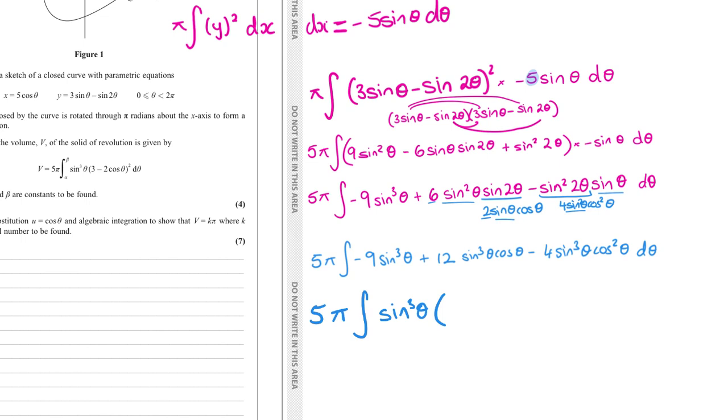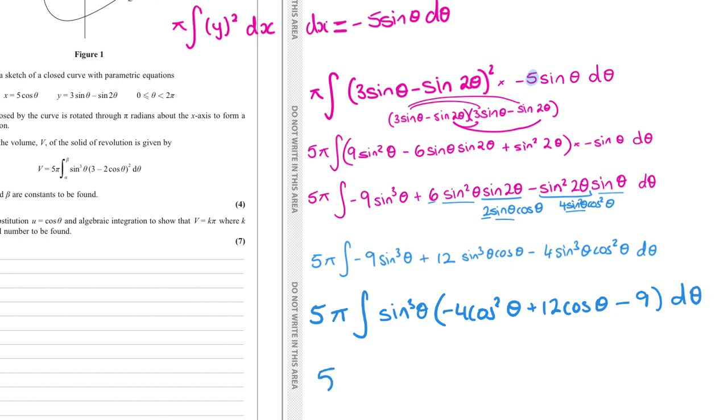I'm left with minus, I'm going to write it slightly different though. Minus 4 cos squared theta plus 12 cos theta minus 9. Okay, so that's how they factorise that. Minus 4, 12, and minus 9.